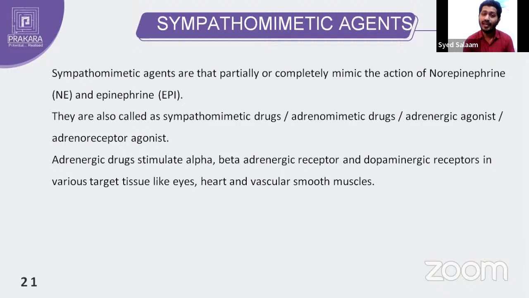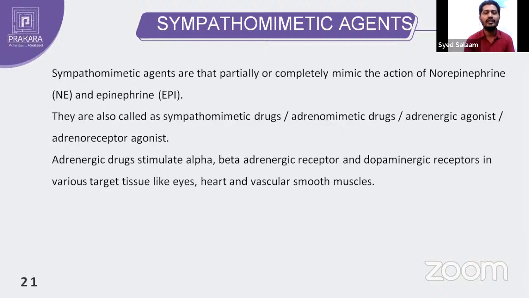They are also called adrenomimetics, or they are doing their action by agonizing the effects on the adrenergic nervous system. So they are also called adrenergic agonists or adrenergic receptor agonists.